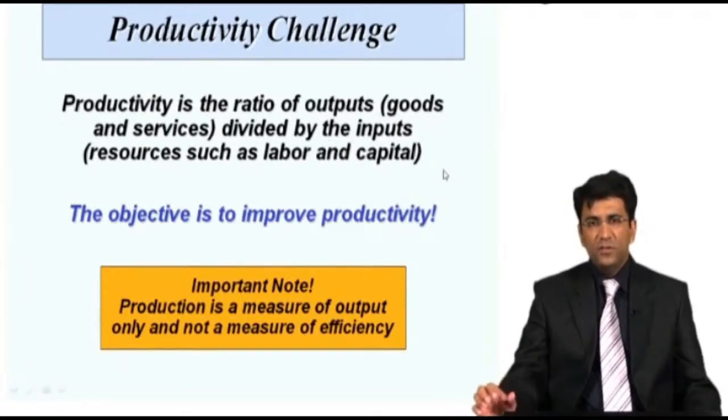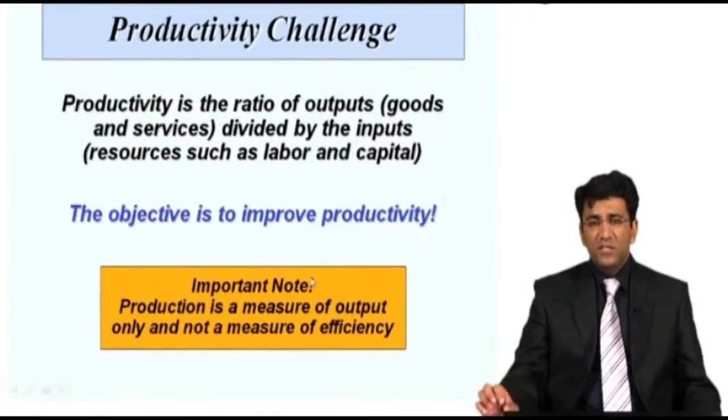So this is the relation with productivity: if someone is efficient, not effective, he will not be productive. If someone is effective, not efficient, he will not be productive. He will be productive if and only if he is efficient as well as effective.